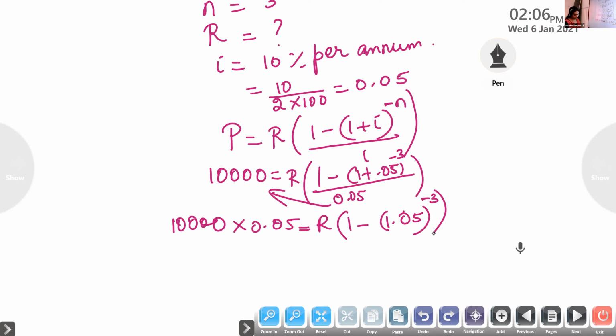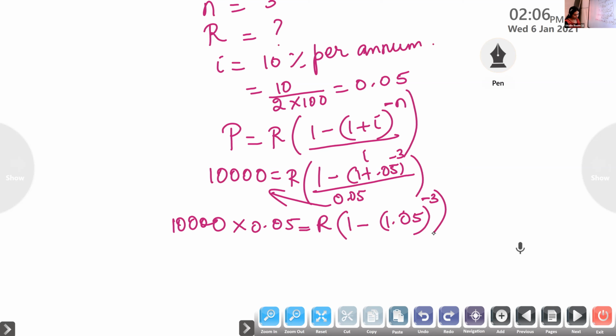Log 1.05: that is 105, which gives 0212. Children, are you getting this?